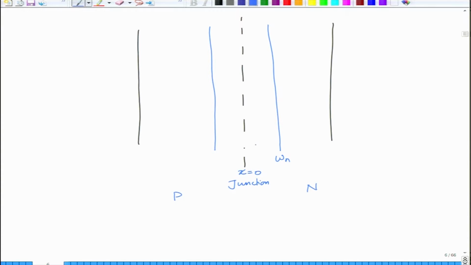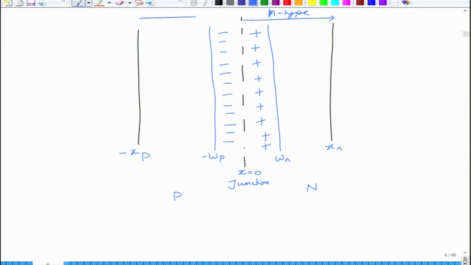So this is the depletion region. Here we have positive donor ions, on this side we have negative acceptor ions, but there are no free carriers. This is minus Wp, this is plus Xn, this is minus Xn. This side is n type and this side is p type.